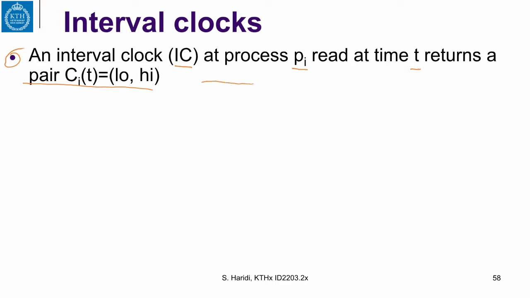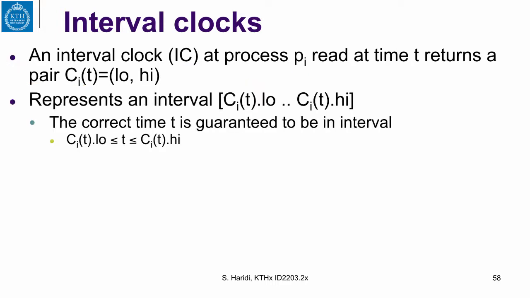So it's an interval like this, where this is t at this point, and this is the lowest part, and this is the highest part of the interval. And this represents an interval in time between the clock value at t dot low to the clock value at t dot high.